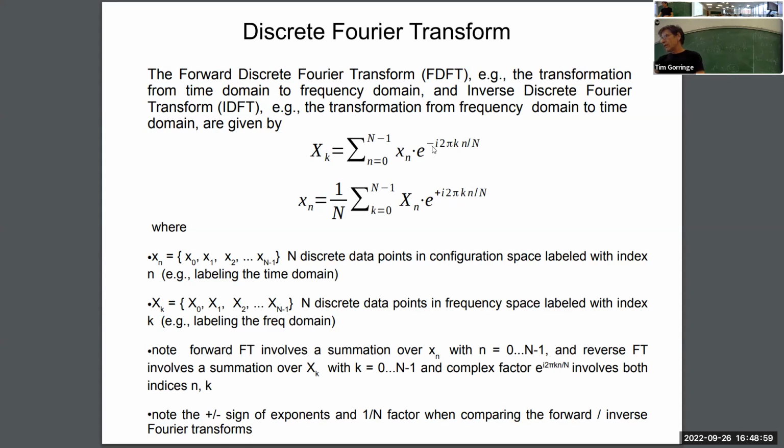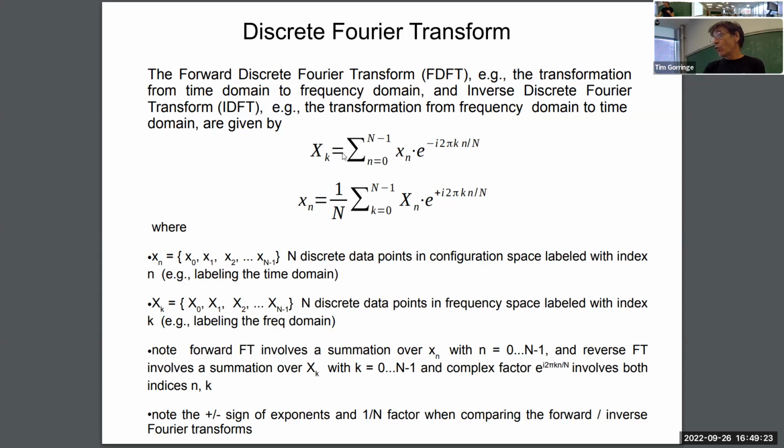If you notice that there's a minus sign in the forward direction, but there's a plus sign in the inverse direction. So these factors are slightly different. There's a difference in sign. And then the second thing I wanted to point out, and this is a convention for how you do that.